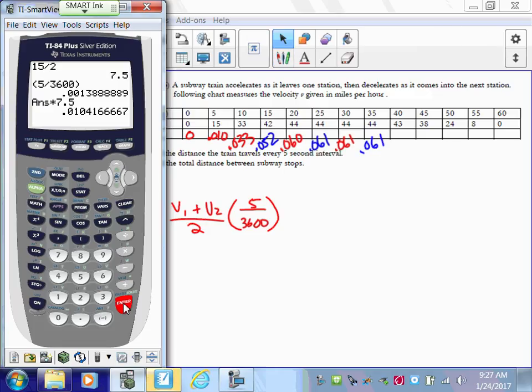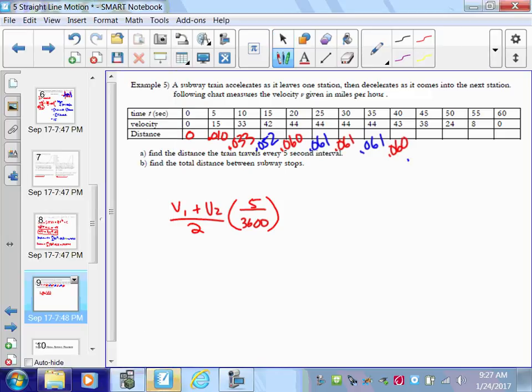Then it's starting to slow down, so down to 43, back to 0.060. Okay, at 38, that's not what I got. The next one is 0.056.